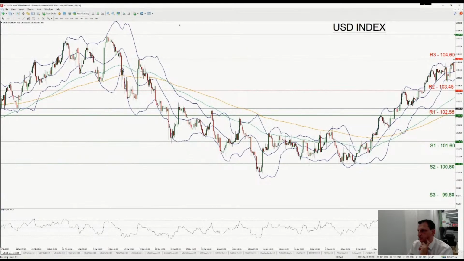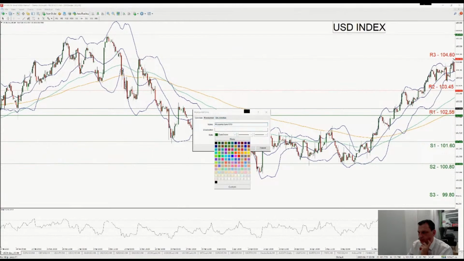This peak is great, and that would be in red. So it's going to be the 105.45.